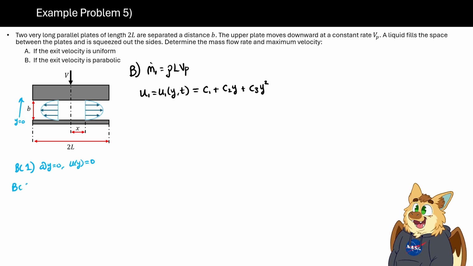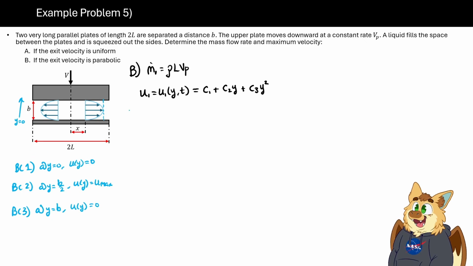For boundary condition 2, this will be at y equals b over 2, at our midpoint. u of y is just going to be equal to our maximum value, which we can see in this velocity profile here. And then boundary condition 3 will be at y equals b, u of y would be equal to 0, again due to the no slip condition at the upper surface there.